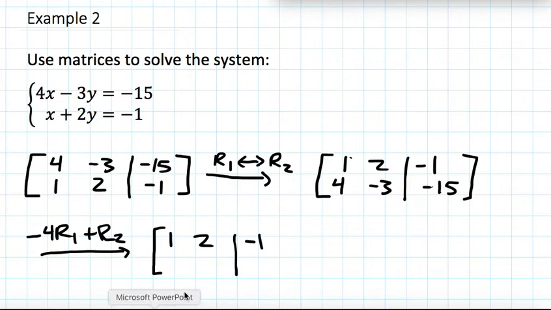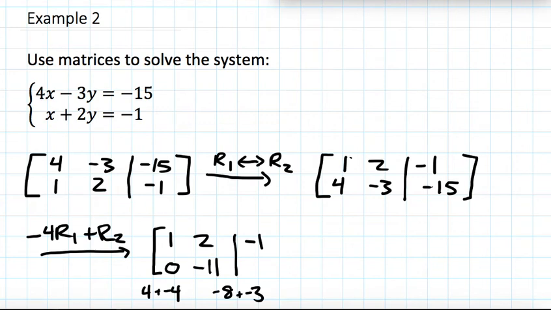So this is going to be 1 times -4 plus 4, 4 plus -4, which is 0. In the second position here, the lower right corner, I'm going to have -4 times 2, which is -8, plus the -3, which is already there, is going to give me -11.